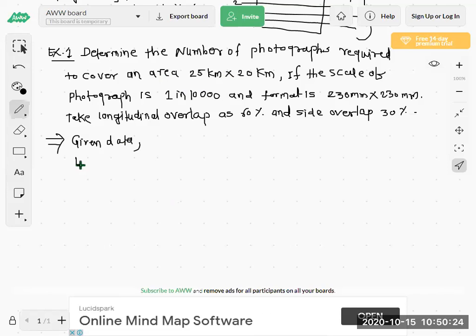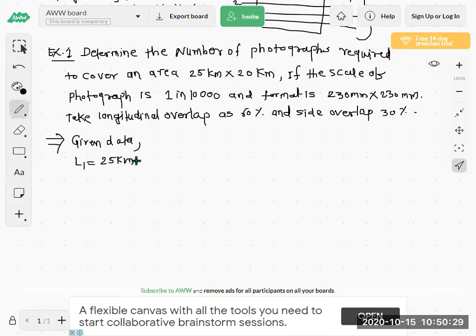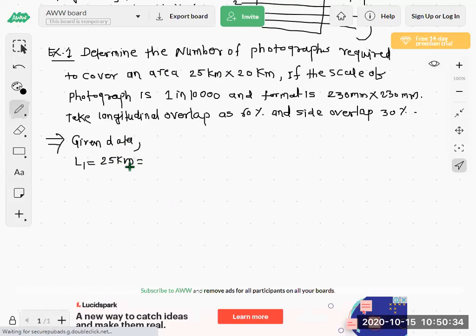It means what given? L1, capital L1 is given. How much? 25 kilometer. If we convert into meter, so 25 kilometer, it means how much meter? 25,000 meter, correct? 1 kilometer is equal to 1000 meter.